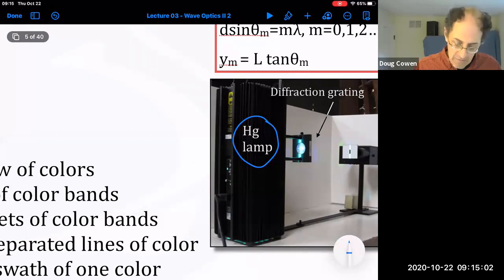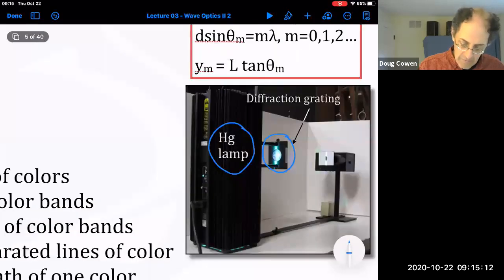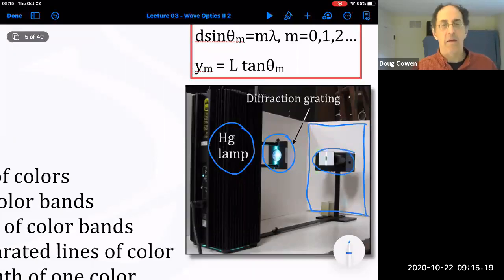That light is then sent through a diffraction grating, shown here. And when it emerges from the diffraction grating, it ends up on this screen back here. There's a sensor that is unfortunately in the way in this picture that just determines where the light is. And right now it's at the central maximum.